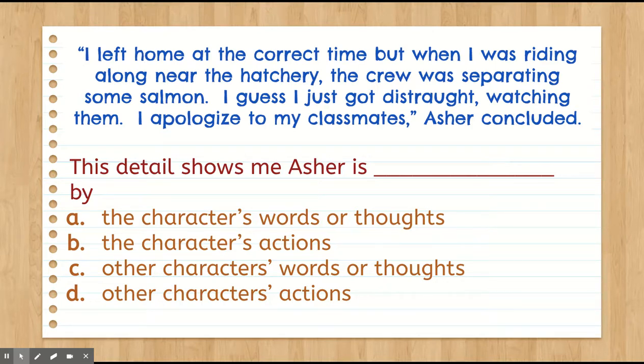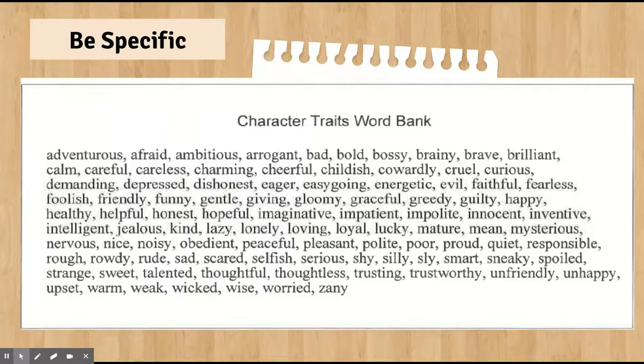All right, so we want you to think of a character trait that would describe Asher. So if we go back to the character traits word bank, we want you to think about, not only from that example, but from other things that you know about Asher, what would be some words from this word bank that you might use to describe him based off of direct and indirect characterization?